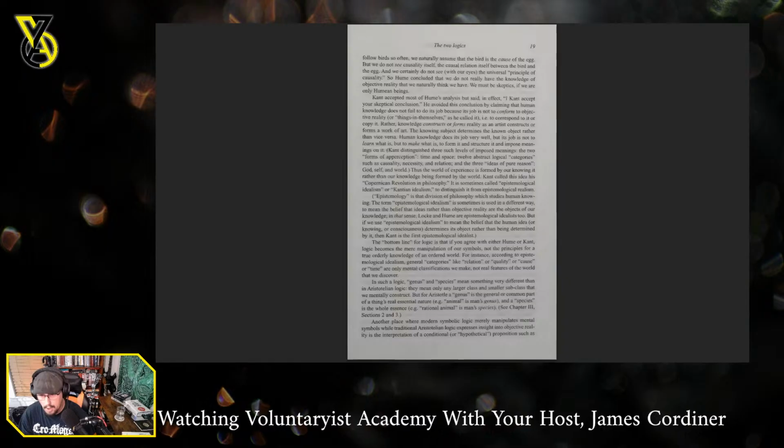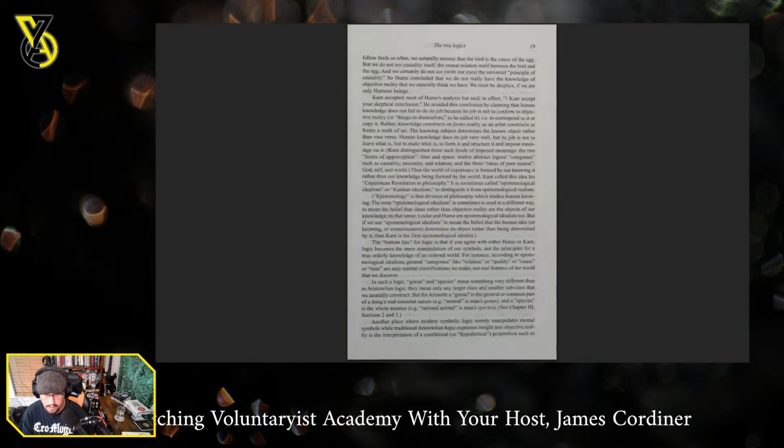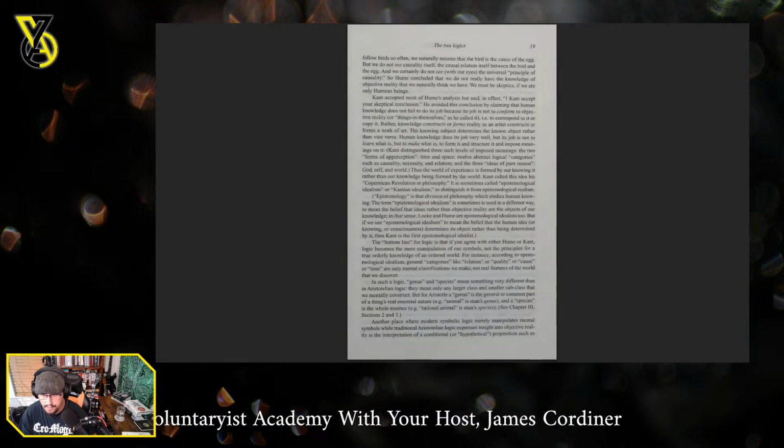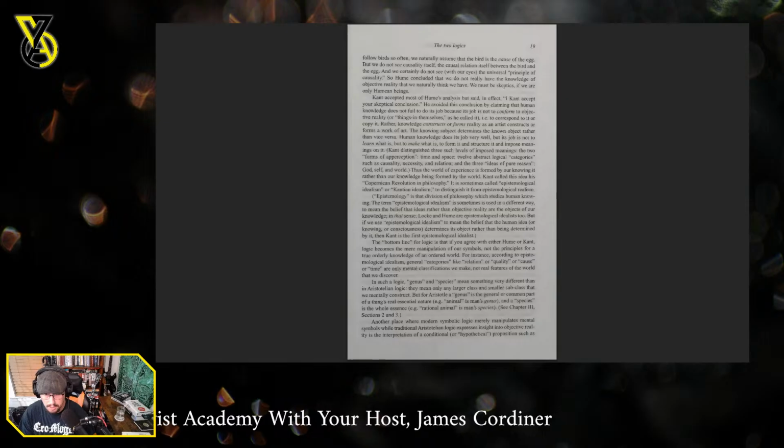So the bottom line for logic is that if you agree with either Hume or Kant, logic becomes the mere manipulation of our symbols, not the principle for a true orderly knowledge of an ordered world.